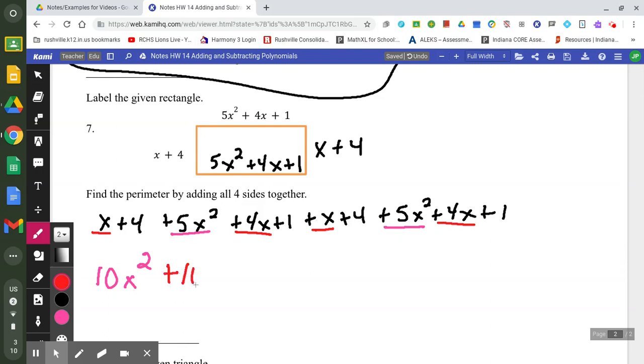So that gives me plus 10x. And then I have a positive 4, a positive 1, a positive 4, a positive 1. So 4 plus 1 plus 4 plus the 1 gives me plus 10, just 10.